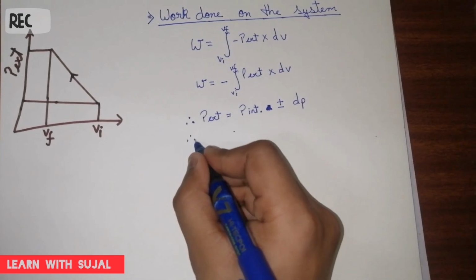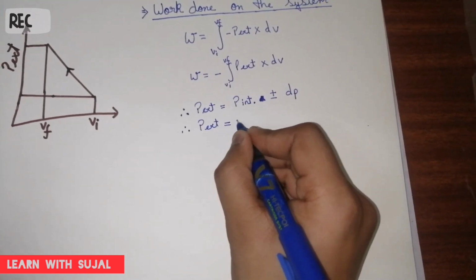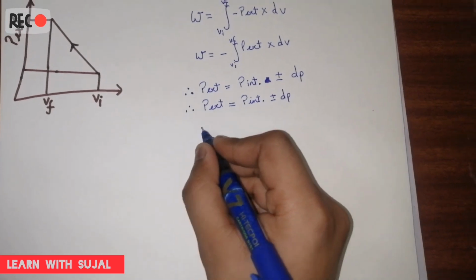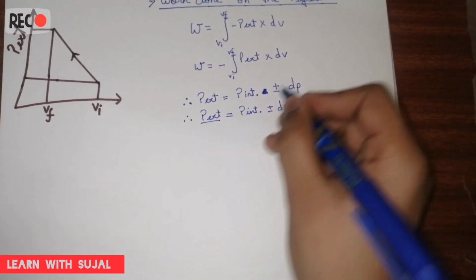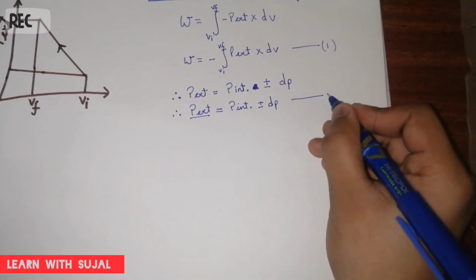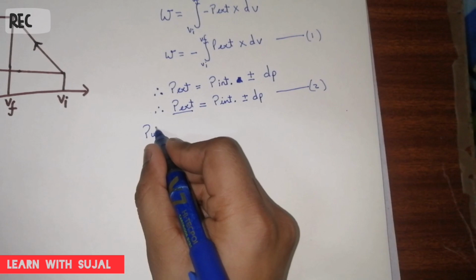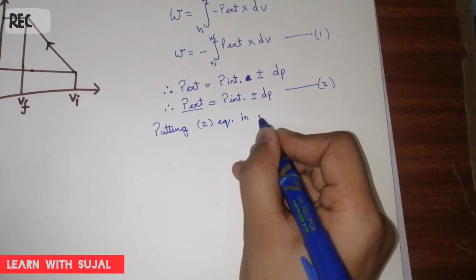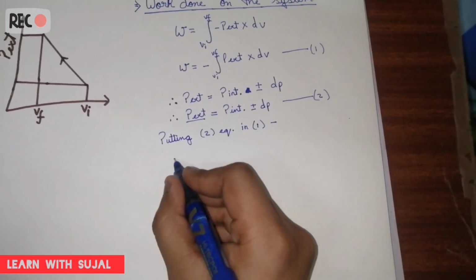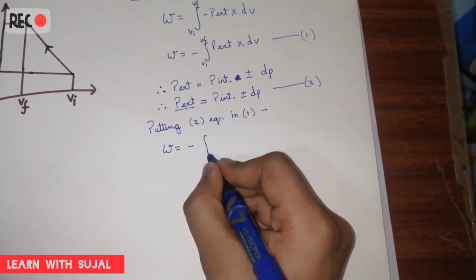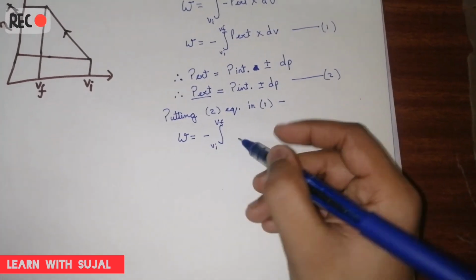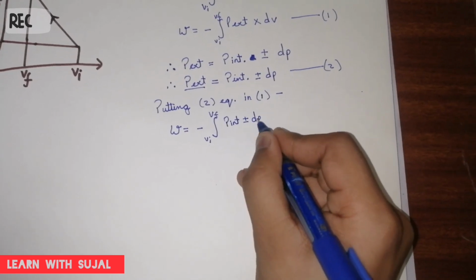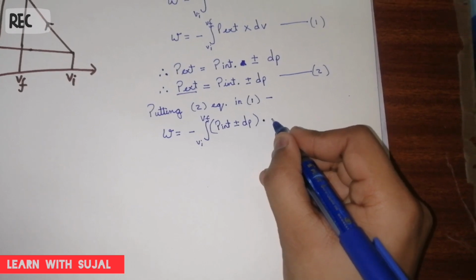Again, pressure external is equal to pressure internal plus minus delta P. So let's put this value, putting the second equation in the first: integral Vi to Vf of bracket pressure internal plus minus delta P bracket close into dV.